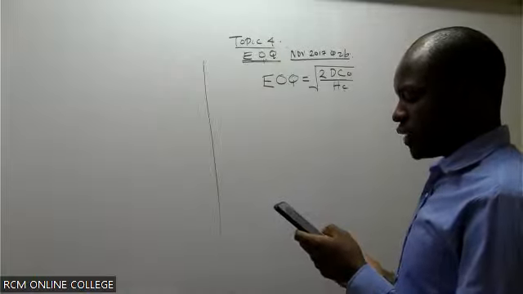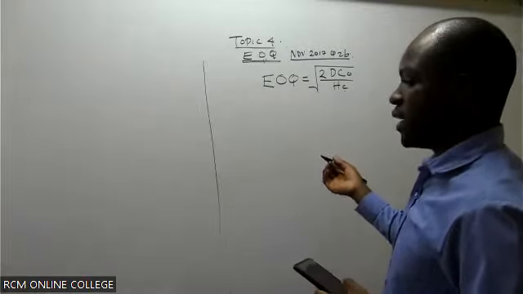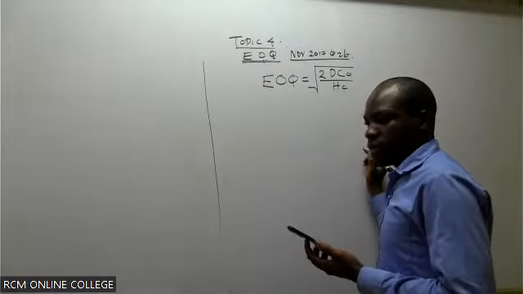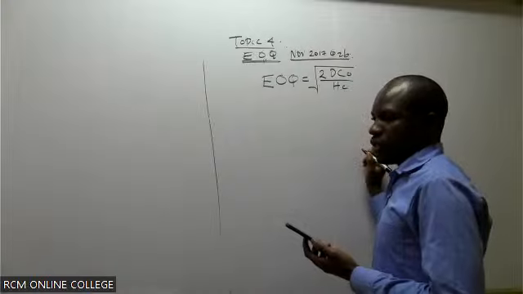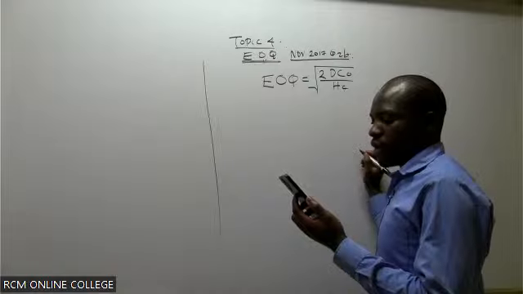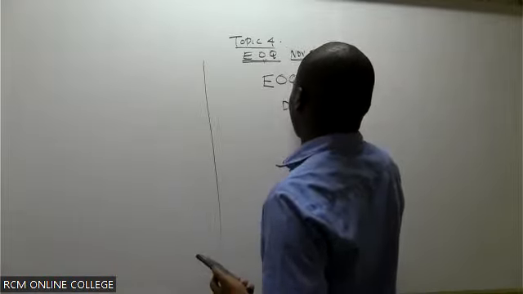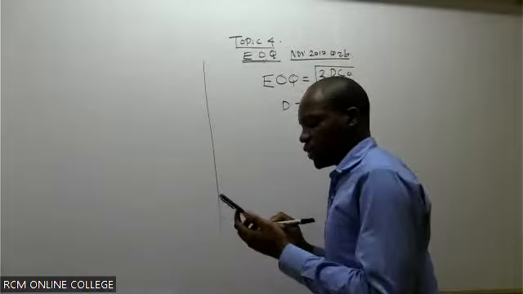So we have annual consumption of X in units. Can someone tell us what that represents? Annual consumption of this particular product is equivalent to 200,000 units. So basically that is demand. So demand is 200,000.